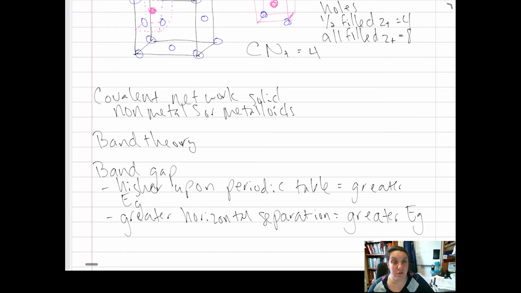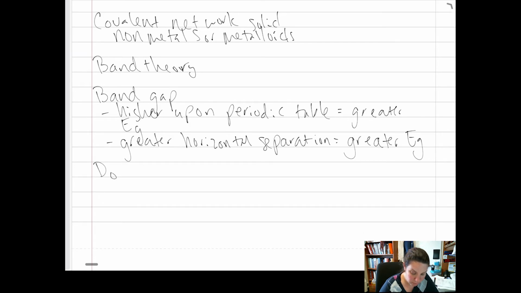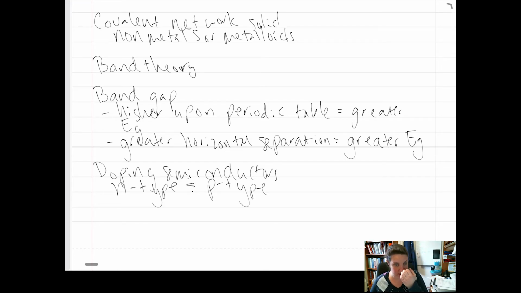You should know how semiconductors dope. You should know what an N-type and P-type semiconductor are, and how you form them. Okay? An N-type, you're adding an element into your structure that has more valence electrons than the host material. A P-type, you're adding an element which has less valence electrons into your host material. You can do this with elemental semiconductors such as silicon.